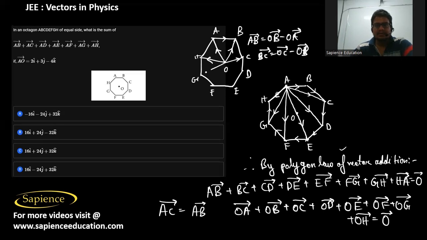Since all these vectors have a common starting point, if we add them in the same order, their sum will obviously be 0. Now, the AB vector will be OB plus AO vector.